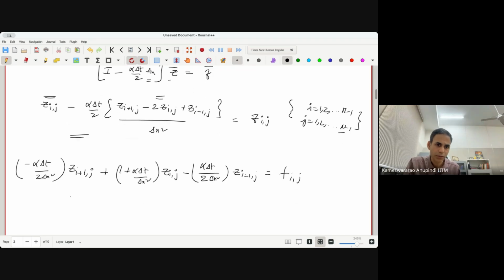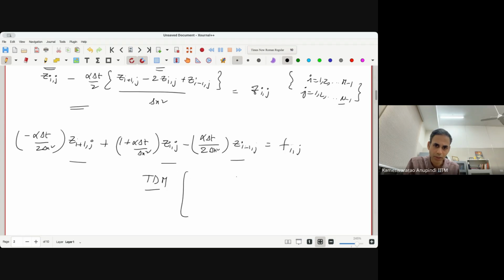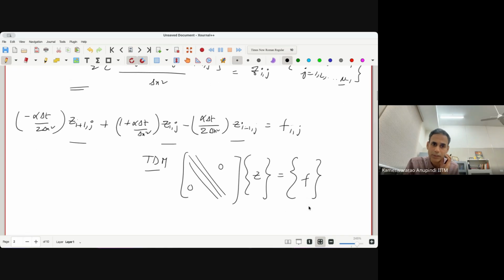Okay, so this leads to a tridiagonal matrix, right? You have non-zero quantities here, here, here. Then this is z, and then this is your f. Okay, so that's what we have.